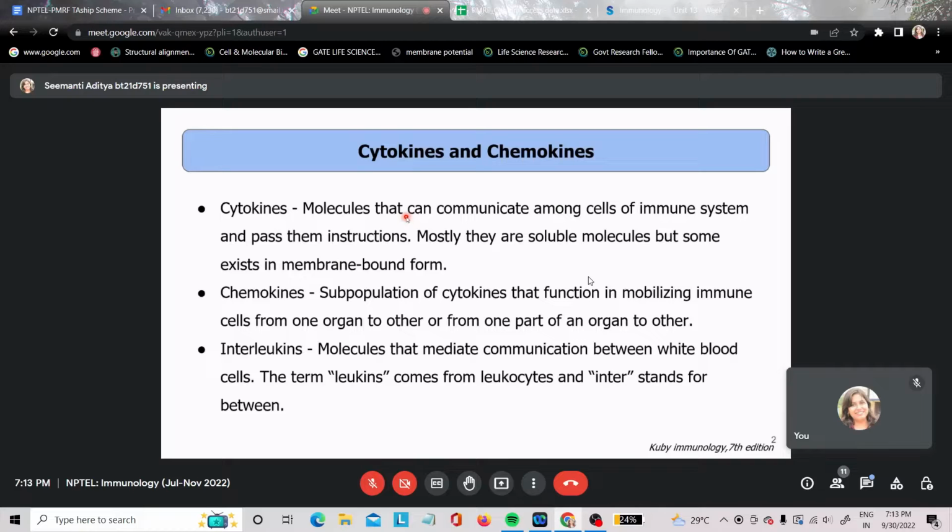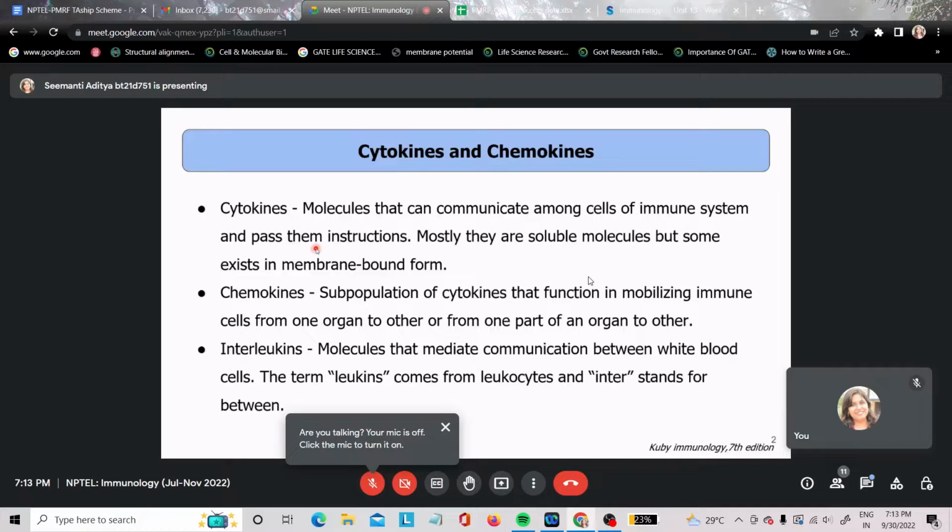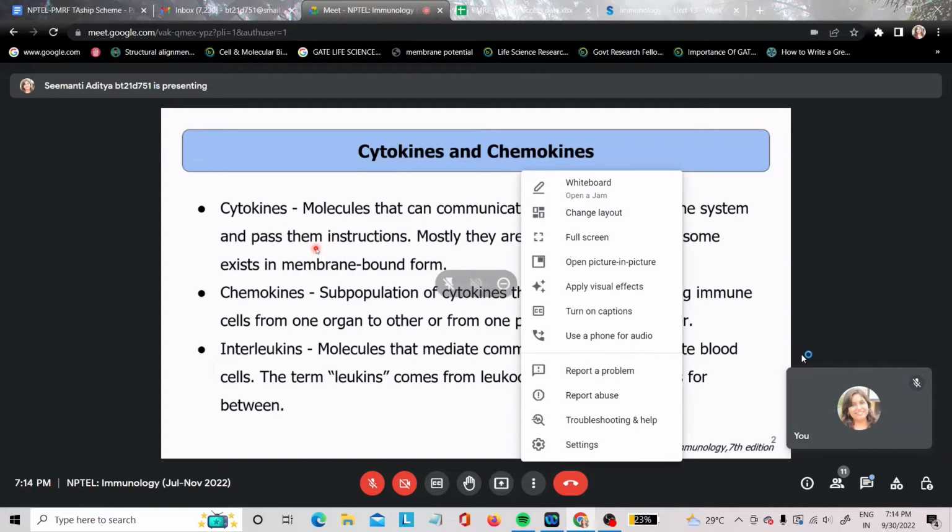All those molecules come under this category as cytokines, and these molecules can communicate among different cells of the immune system and pass them different instructions, whether to increase the synthesis of certain genes, or whether to pass the signal that there is a site of infection there, so you need more number of cells to go and act in that location. So basically, it helps in cell movement from one part to another.